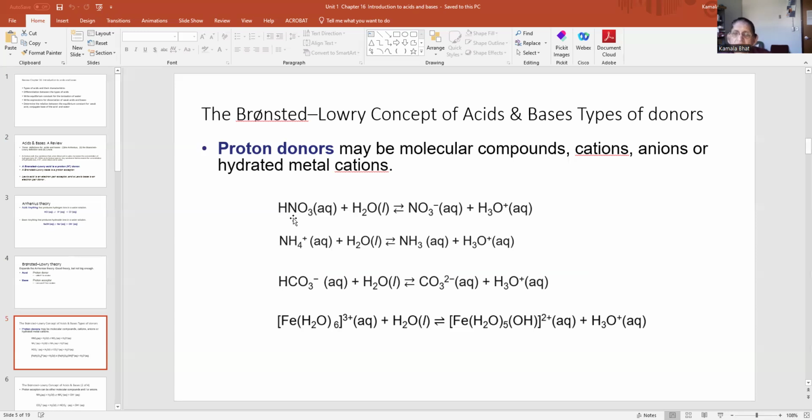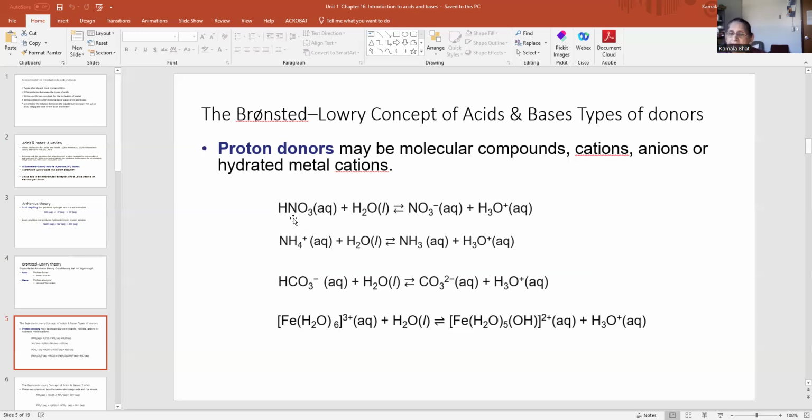Therefore, we come to one very important conclusion: when we define Lowry-Bronsted acid-base, there are two acid-base pairs, and these are called conjugate pairs. The conjugate pair in the first expression is HNO3, which is an acid, and NO3 minus, which is a base.